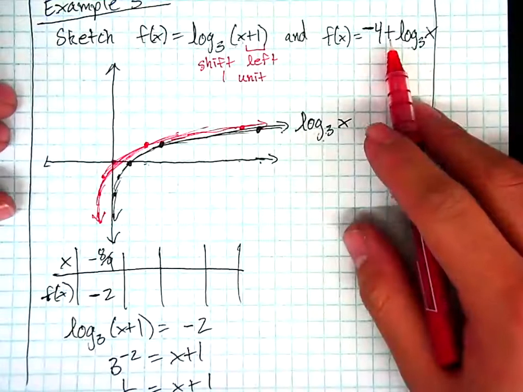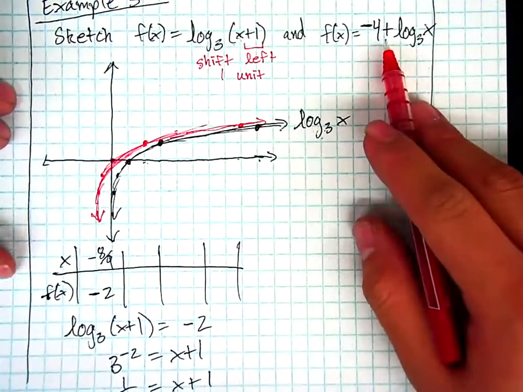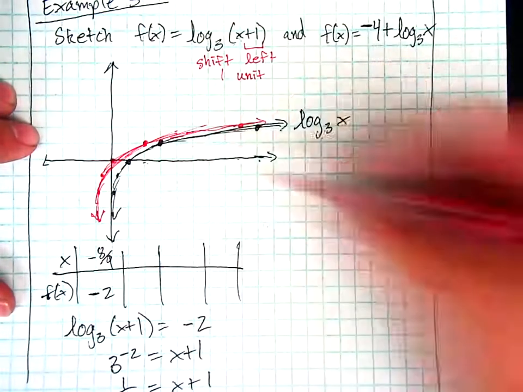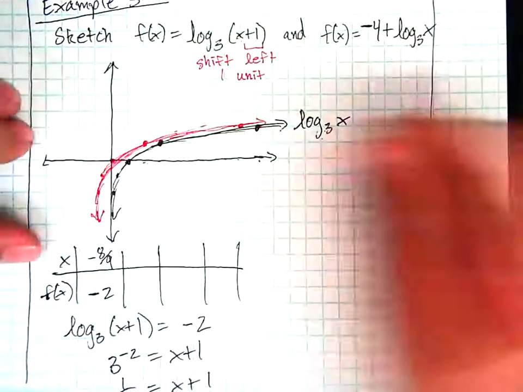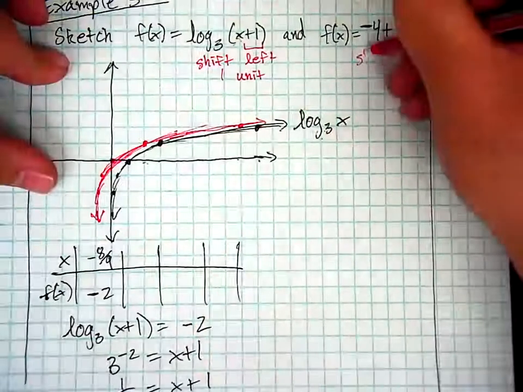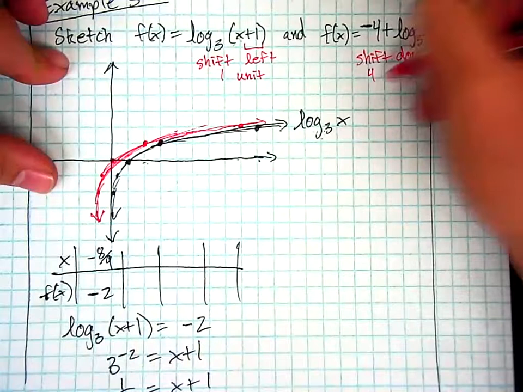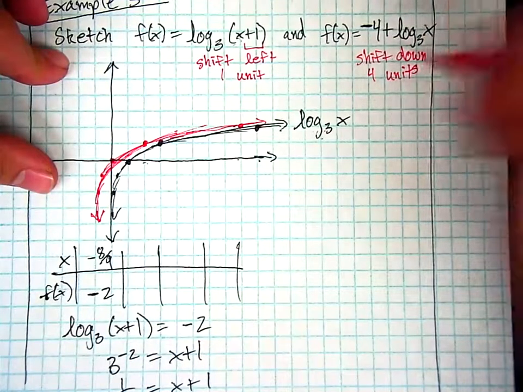With this one, because I'm subtracting 4 from the overall total, that means my y values will change, and this graph is going to go down by 4 units. So if I were to shift this one, this would be shift down 4 units.